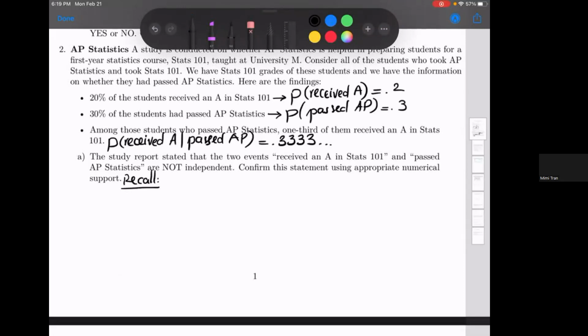Or just shout out how to prove 2 events are independent. Option 1, which a lot of people favor, is P of what? Say A and B are your events.